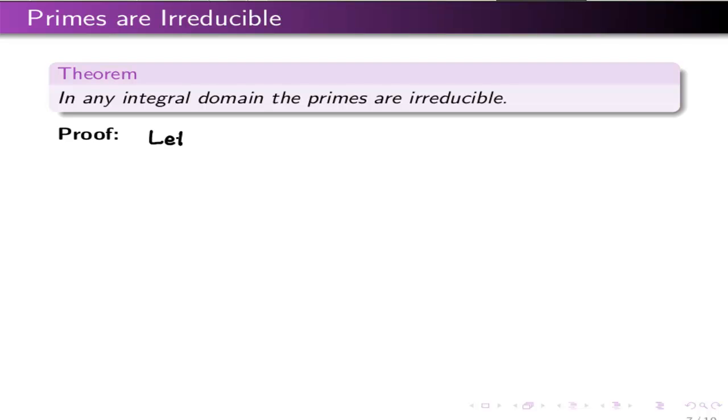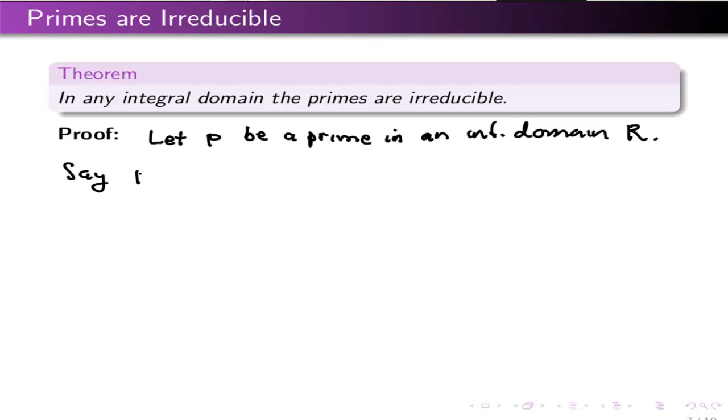So why is this theorem true? Let P be a prime in an integral domain R. I want to prove that it's irreducible. So let's suppose we can factor it, say P equals U times V for some U, V in R. I want to prove P is irreducible, so what is my goal here?